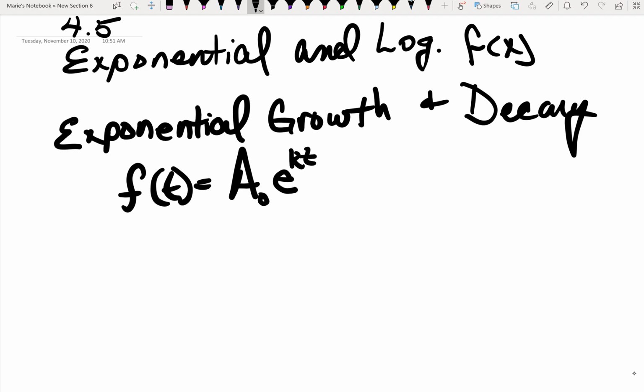And so there's two types. We also refer to it as future value, which is usually denoted with A equal to a sub 0 e to the kt. The only difference here is the first part of the notation, if you notice.